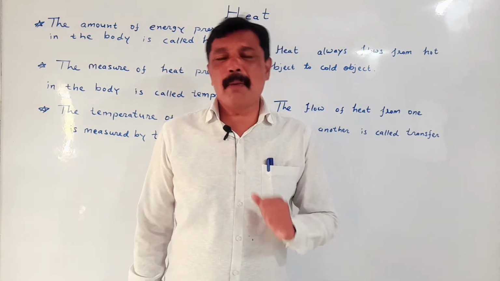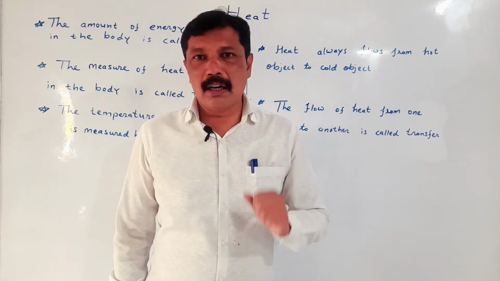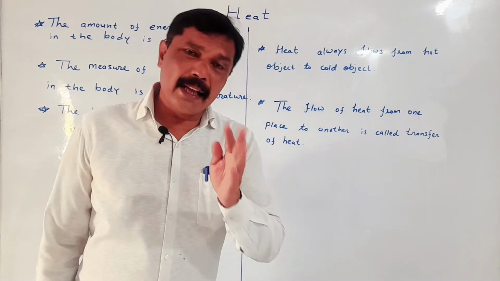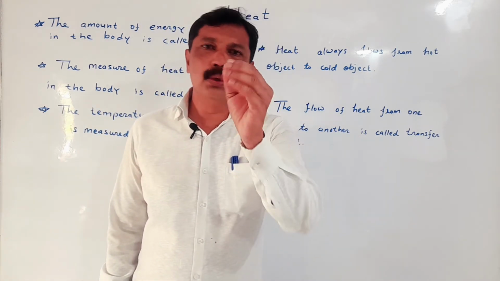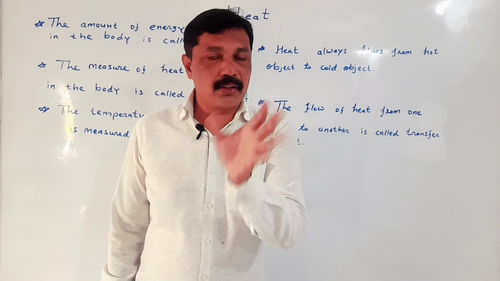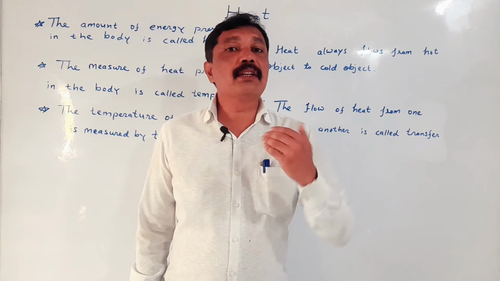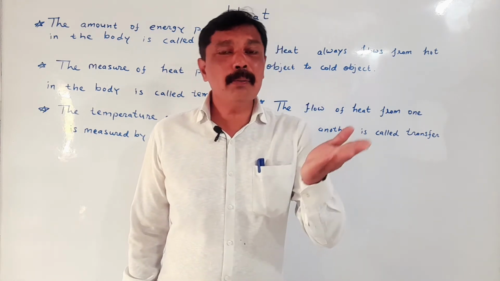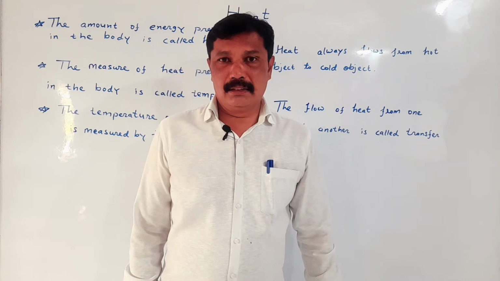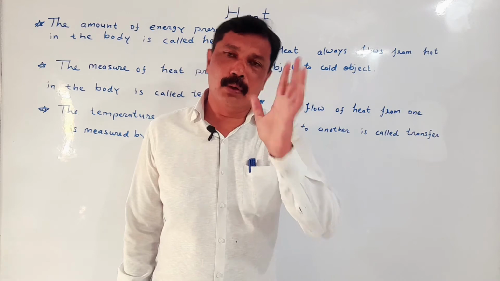In the same picture, my dear student, you will also observe a pressure cooker kept on the gas. Naturally, when the heat is continuously supplied to the pressure cooker, then the amount of heat present in the pressure cooker will increase. The temperature of the pressure cooker will also increase, and you will hear the whistle blowing.